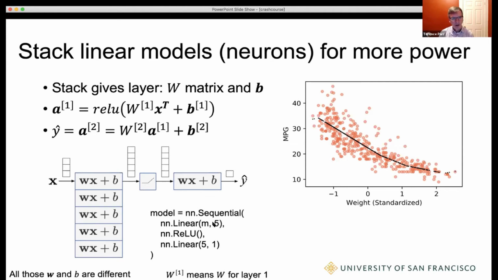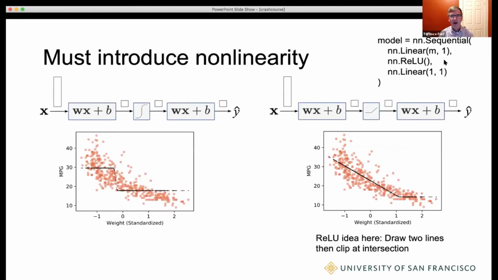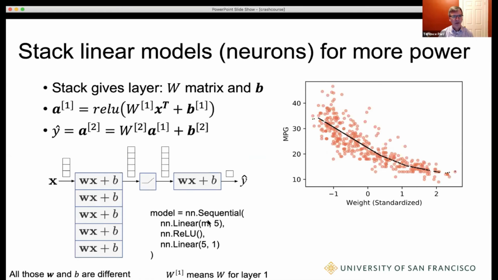So there's M input features, there are 5 output features. Run it through a ReLU. Those are 5 features going into the second layer, and it sends 1 value out, and that's my regression. And when I run this through, this is the little thing I get. What you see is a piecewise linear regression.